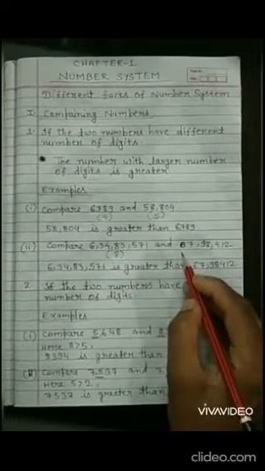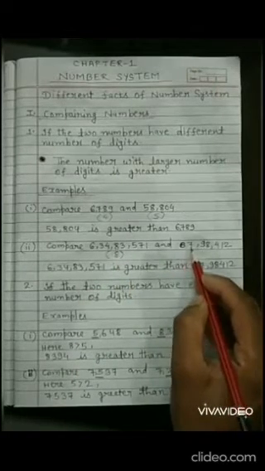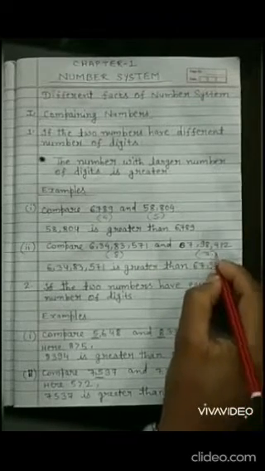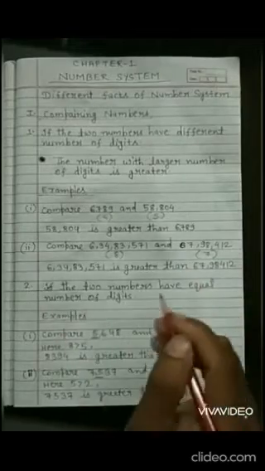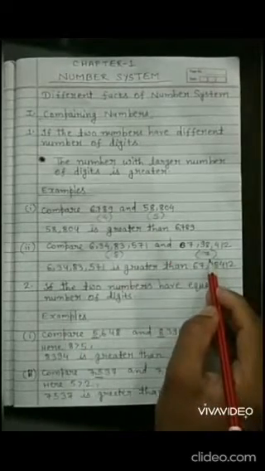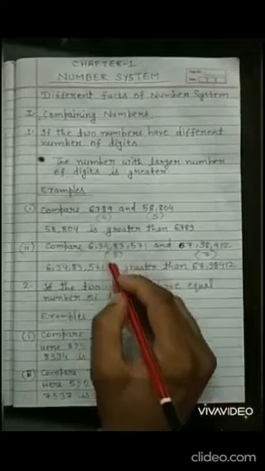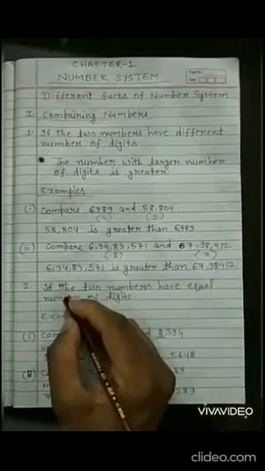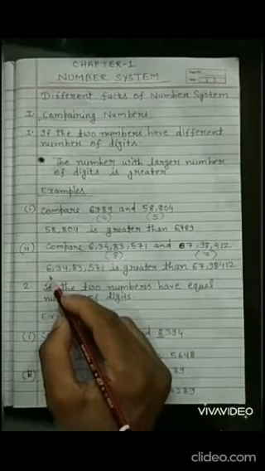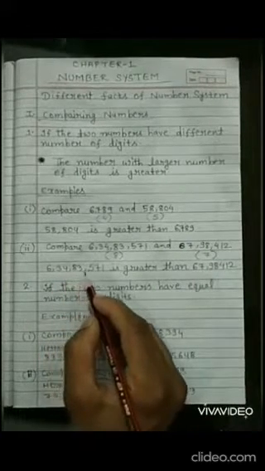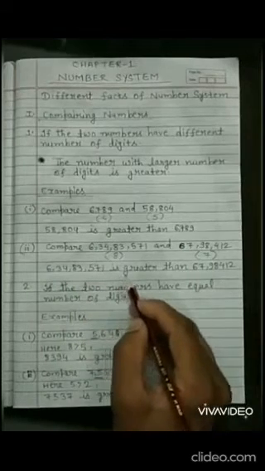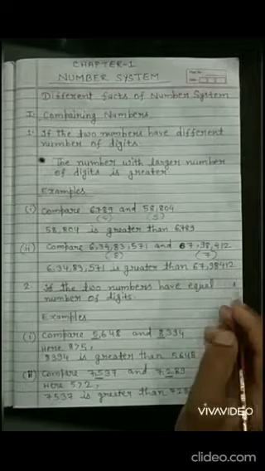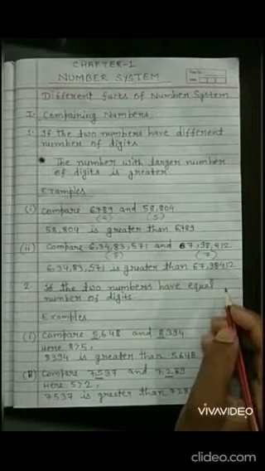And in this number, the number of digits is 1, 2, 3, 4, 5, 6, 7. Here the number of digits is 7. So 8 is greater than 7. So this number will be greater than that number. Here I have written 6,34,83,571 is greater than 67,98,412. Okay.